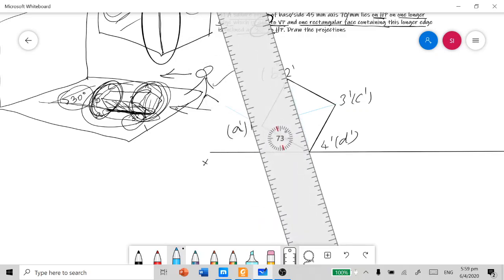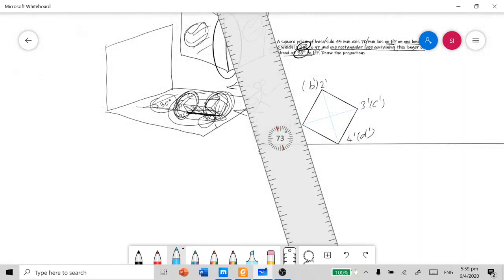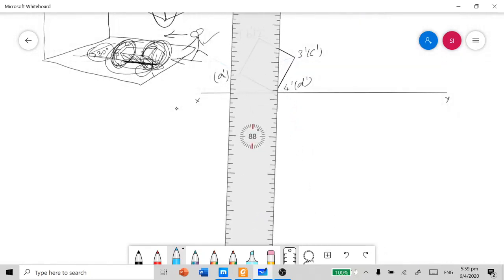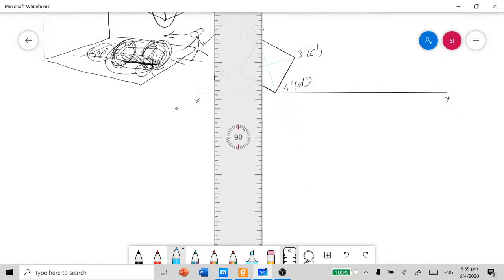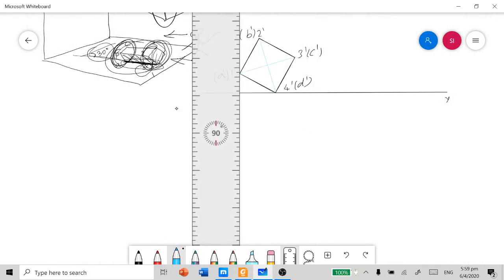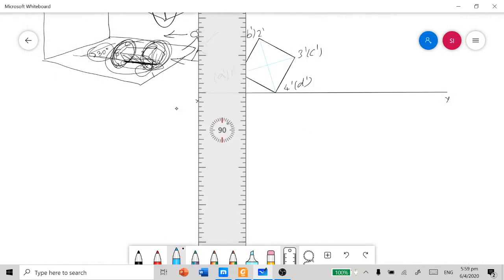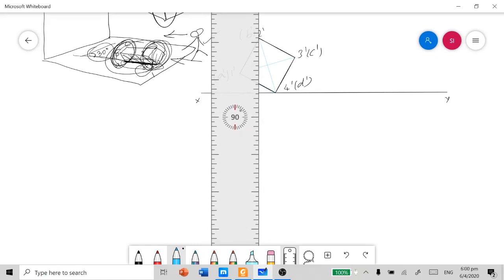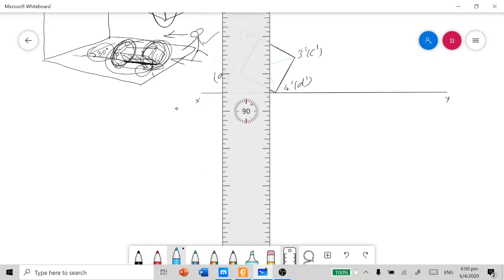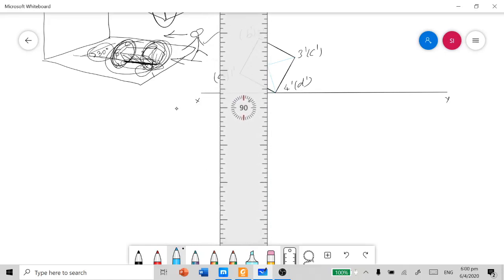Now project each and every corner towards the top view, including the axis.